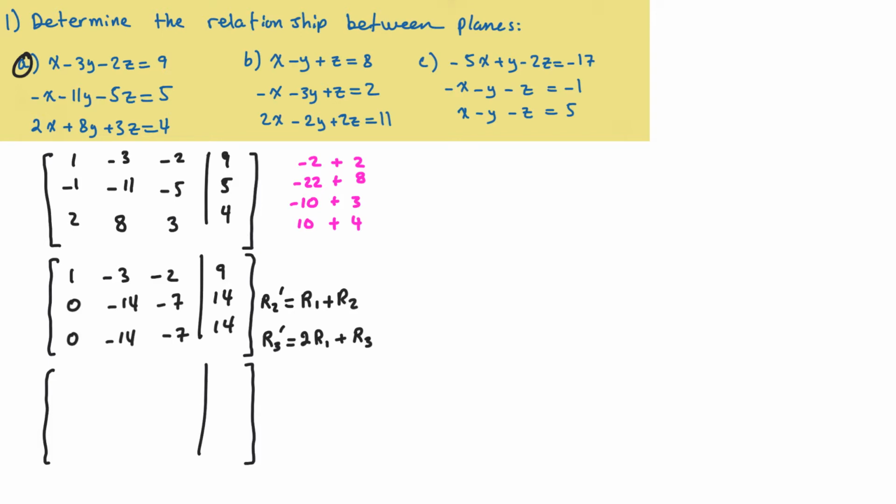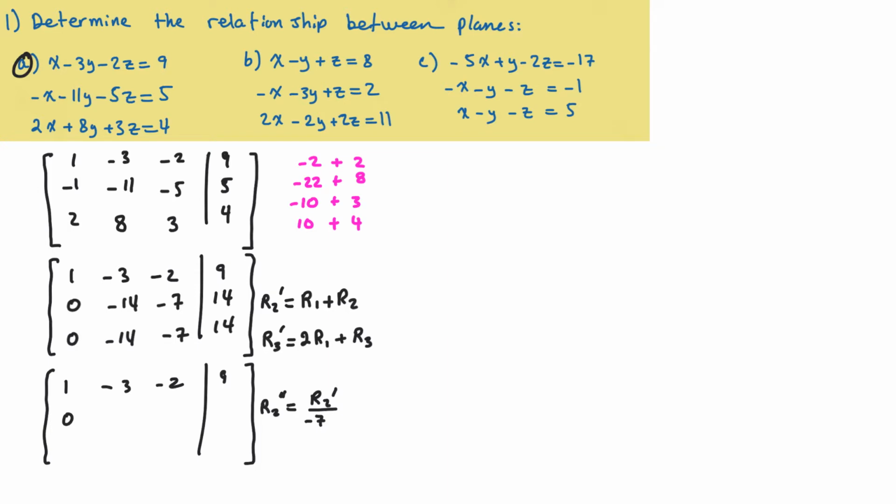This is nice because we can see that row 2 and row 3 are exactly the same, so we can subtract them to reduce this row to 0. So let's do that. We got 1, -3, -2, and 9. We got 0. And basically, I'm going to change row 2 as well. Row 2 is going to equal the previous row 2 divided by -7 to reduce it a little bit.